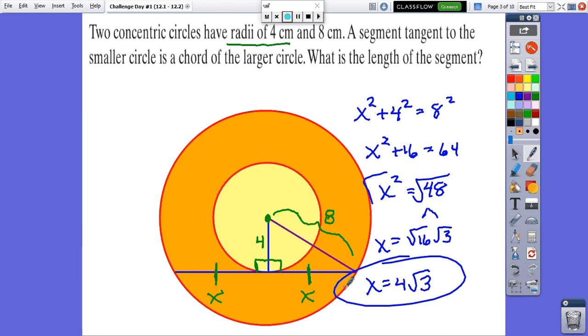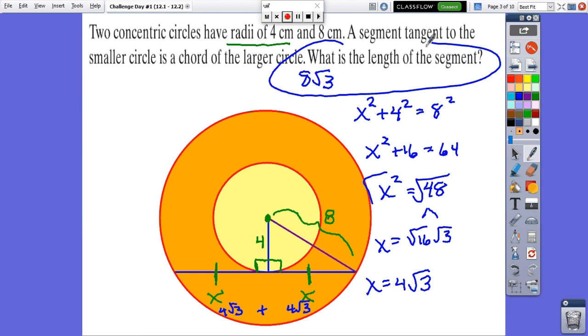Now, keep in mind, that's not the length of the whole segment. That is the length of half the segment, because this piece is 4 root 3, and this piece is 4 root 3. So altogether, the length of the segment is 8 root 3. And there is our final answer for number 2. So, quicker problem.